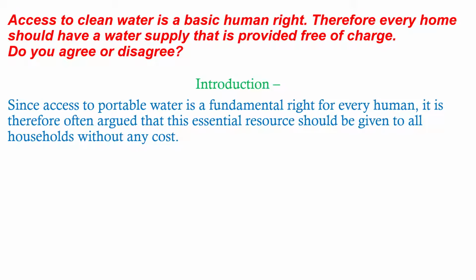So this is our paraphrasing. Since access to potable water is a fundamental right for every human, it is therefore often argued that this essential resource should be given to all households without any cost. So from here to here, we have paraphrased in this particular sentence.